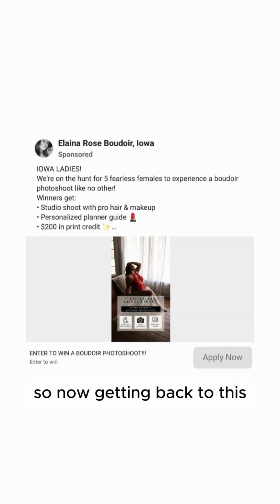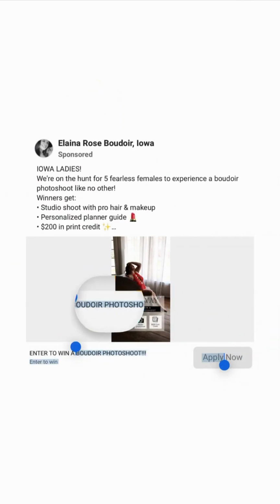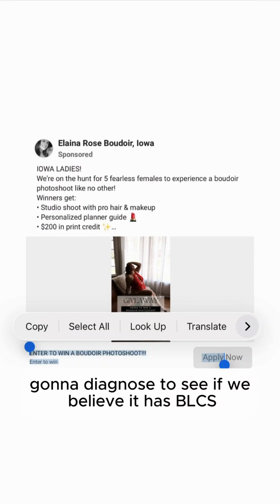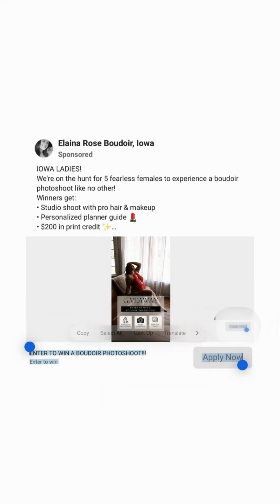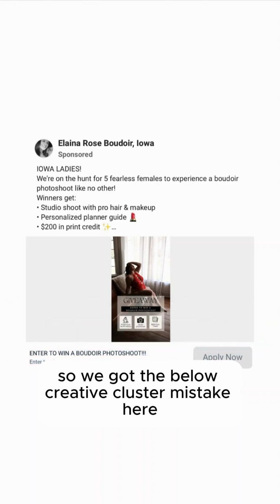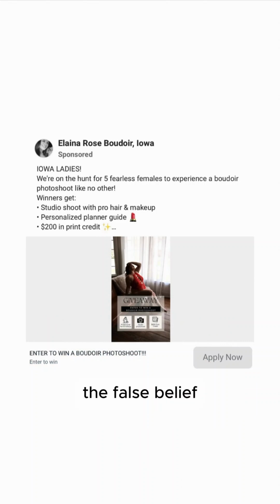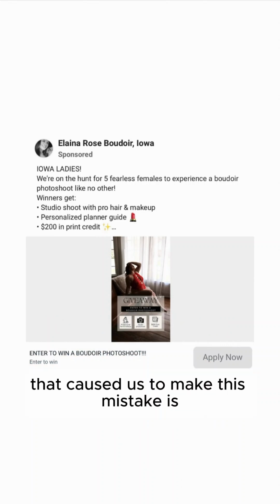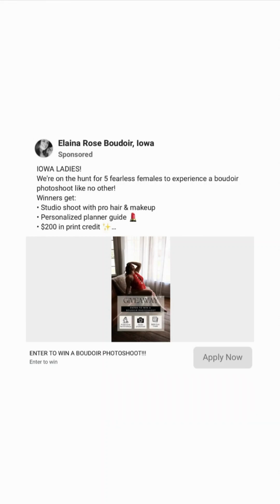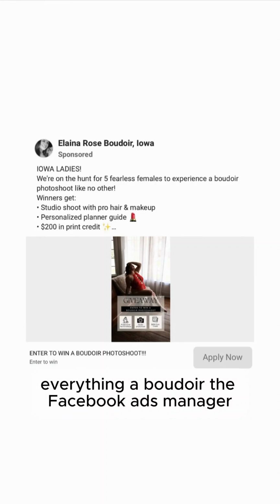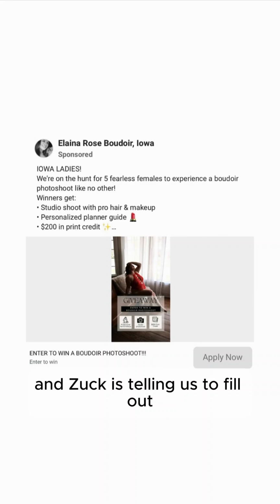So now, getting back to this, going to diagnose to see if we believe it has BLCS, yes or no. So we got the below creative cluster mistake here. The false belief that caused us to make this mistake is, we're filling out everything in the Boudoir Facebook Ads Manager that Zuck is telling us to fill out.